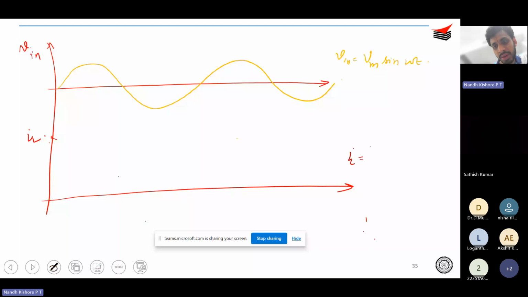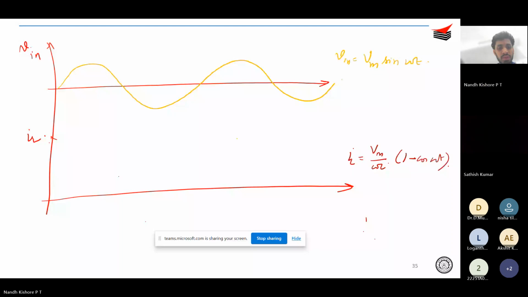IL is equal to Vm by omega L into 1 minus cos omega t. So how will this vary? This was Vm. Anyone? How will IL look like?